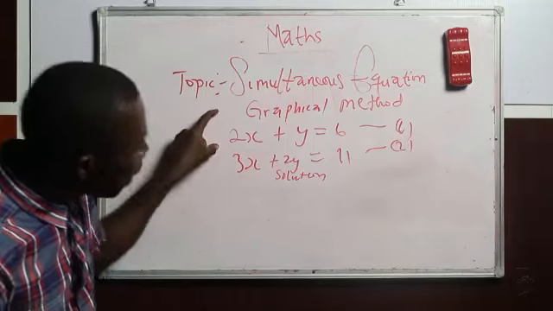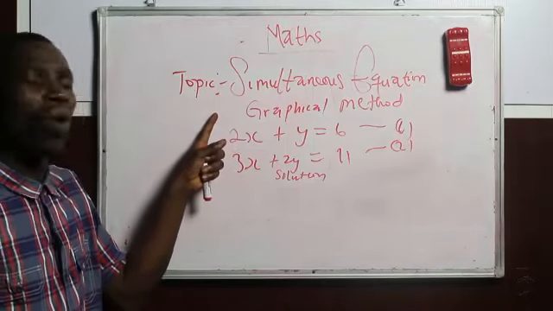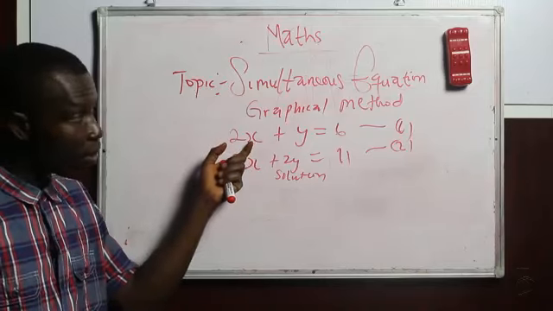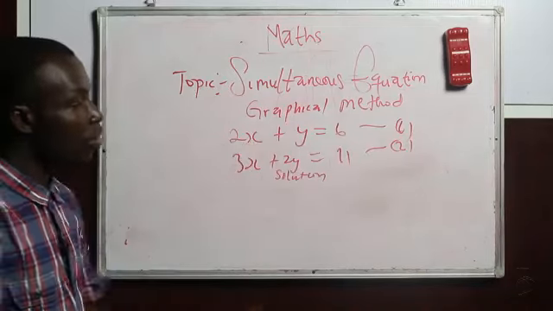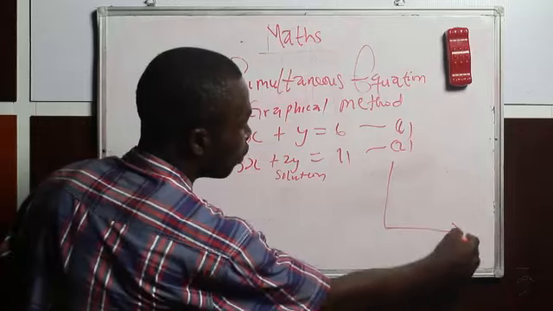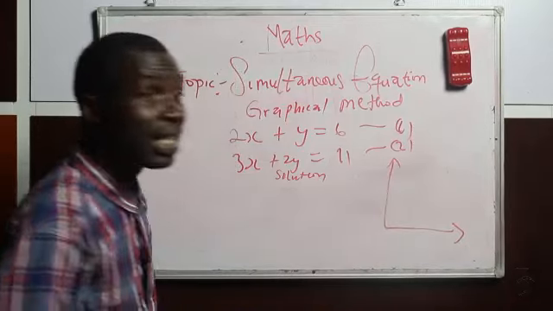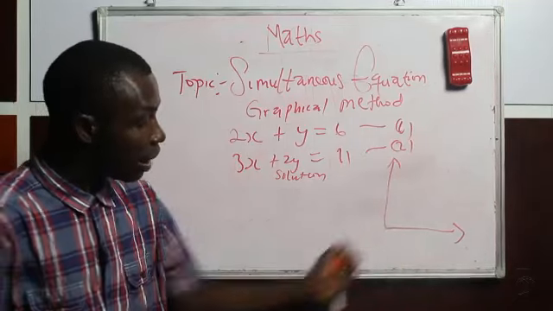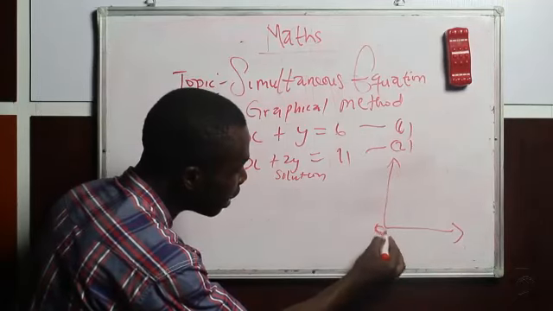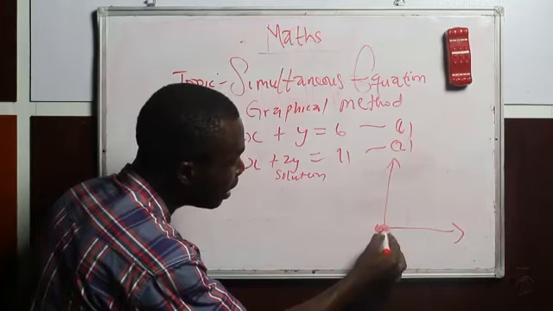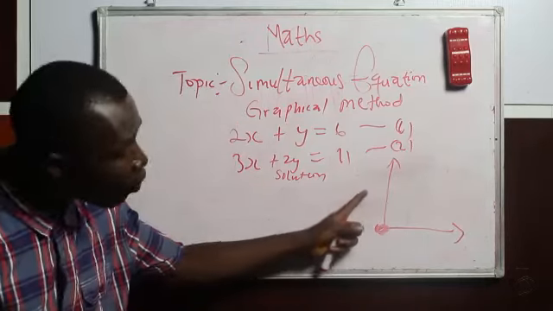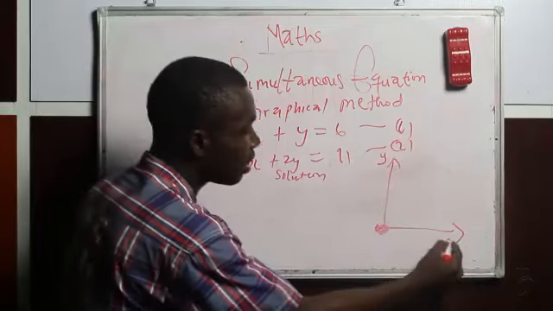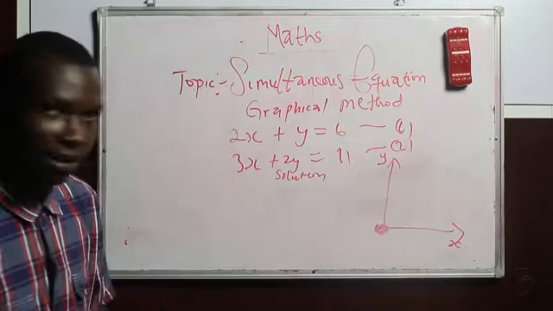Now, pick equation 1 and make x equal to 0, because when you are using the graphical method, your line of best fit must be known by considering the origin, which is 0 here. Considering this line of best fit, this is where we can start our graph. This is called the y-axis, and this is called the x-axis.